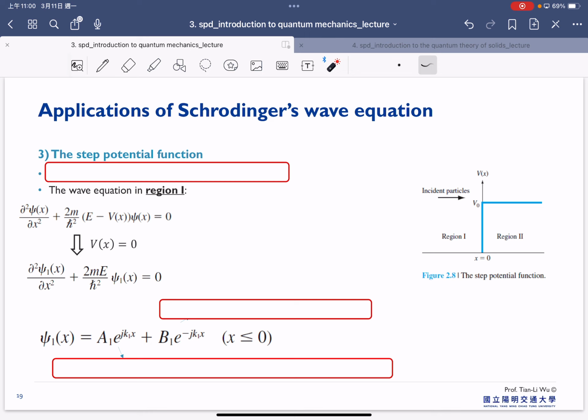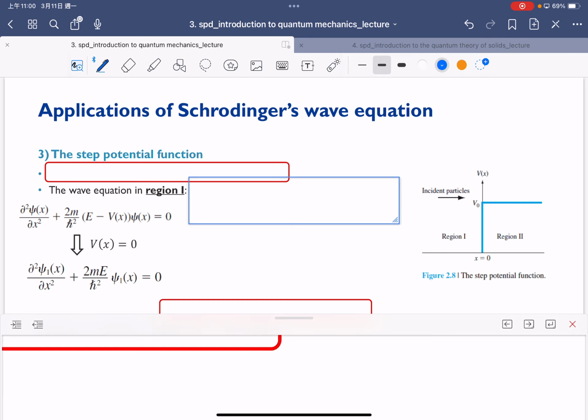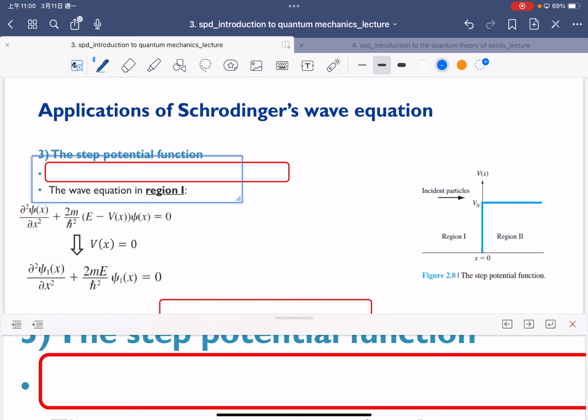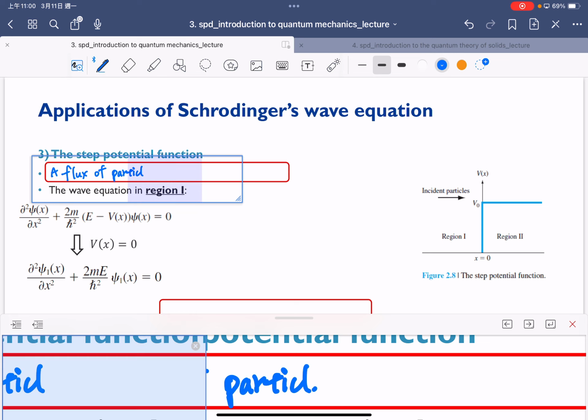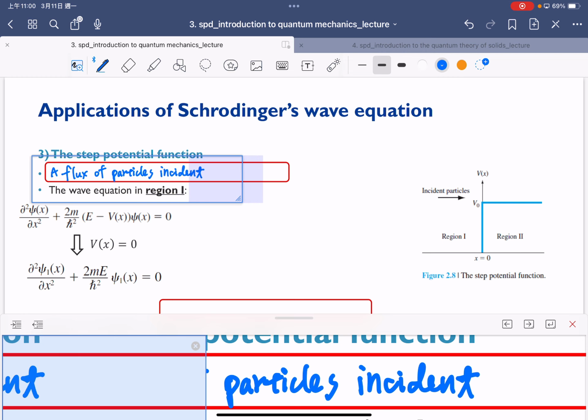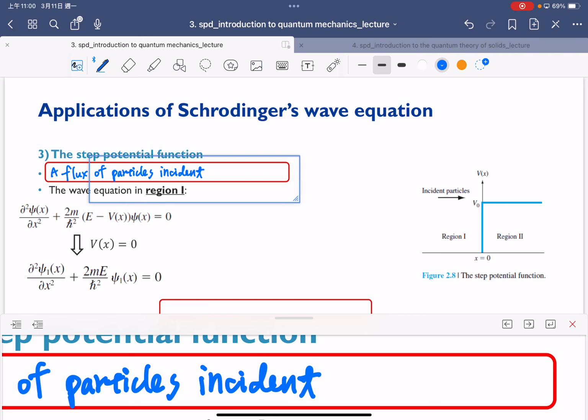Okay, so now we'll consider for the next case the step potential function. So in here, we consider a flux of particles incident on the potential barrier.